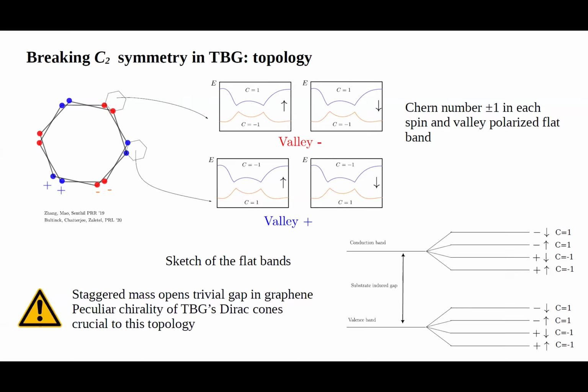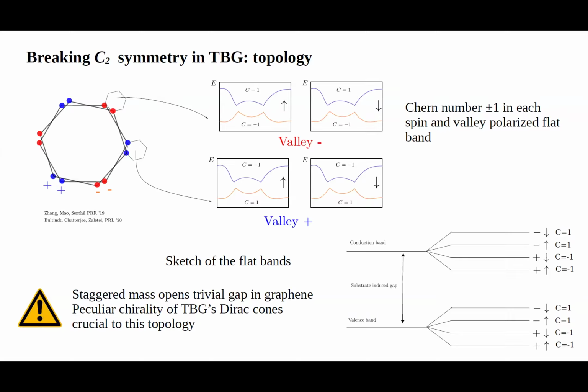And this is where I think it links nicely with what Joel was presenting in the previous lecture, that this is really due to this peculiar structure of the Dirac nodes in graphene, because if you just had one layer of graphene, adding a staggered mass would open a trivial gap. So both bands would have Chern 0, right?